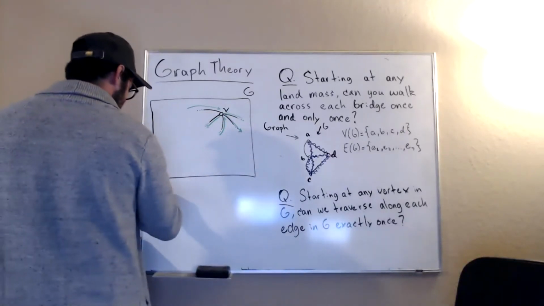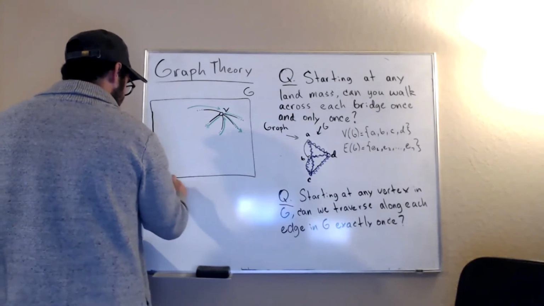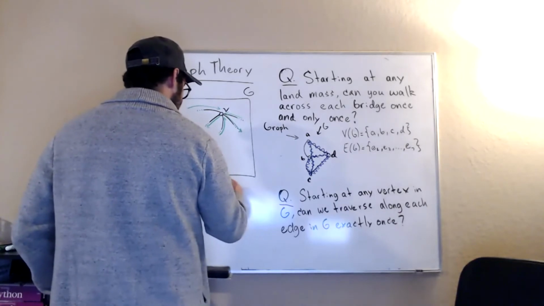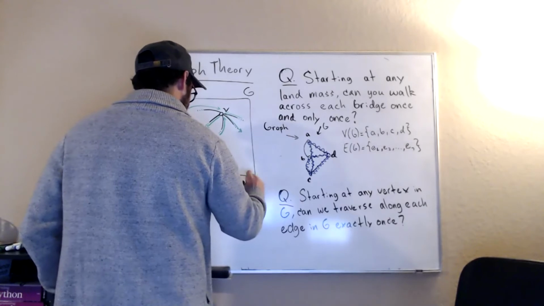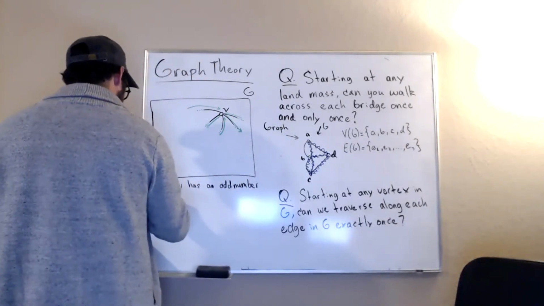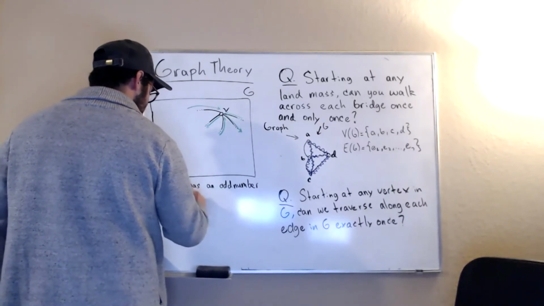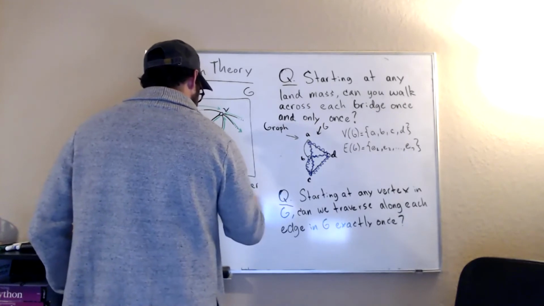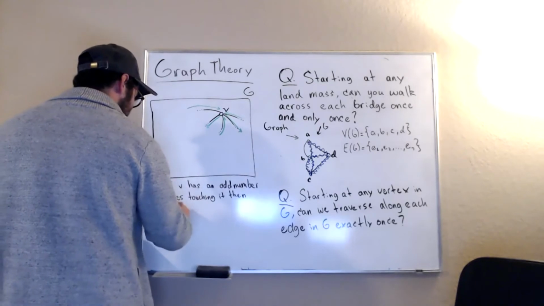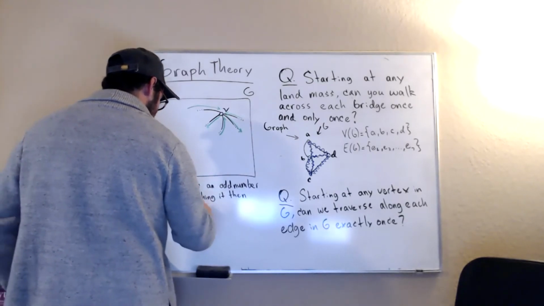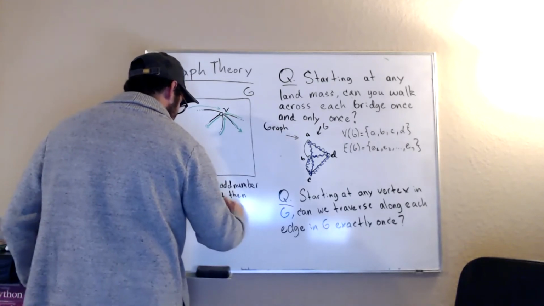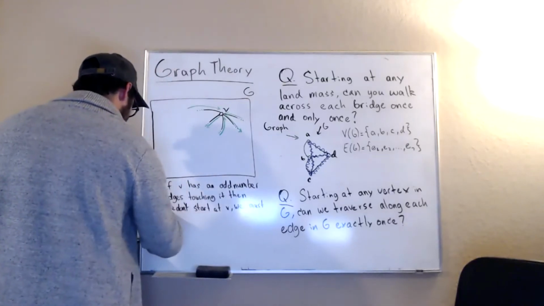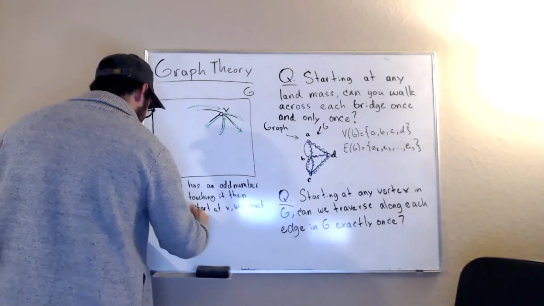So what I'm trying to show is that, okay, so if V has an odd number of edges, say, touching it, then if we don't start at V, we must finish at V. Right?